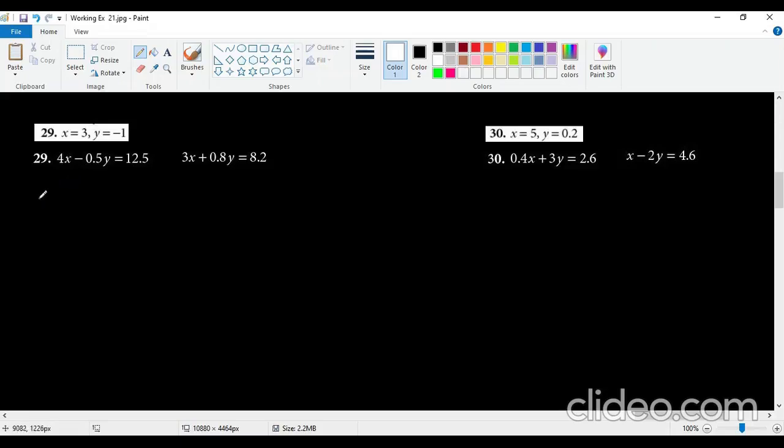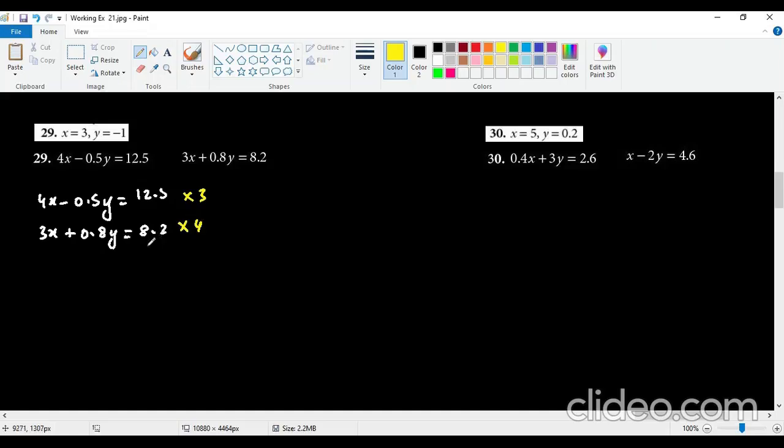I will write 4x minus 0.5y equals 12.5, and down below I will write 3x plus 0.8y equals 8.2. First equation I multiply by 3, second equation I will multiply by 4.